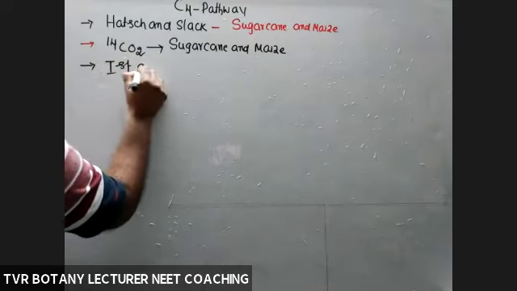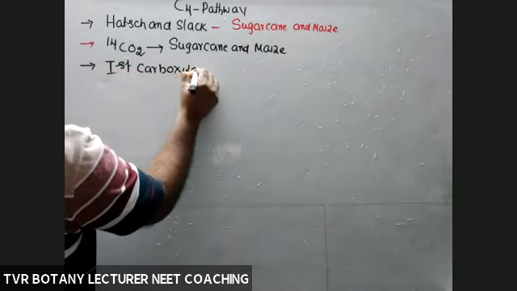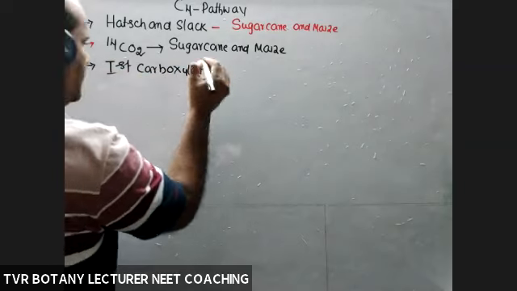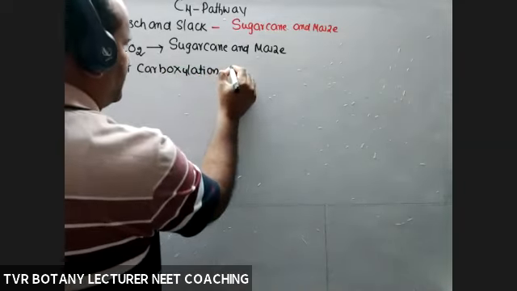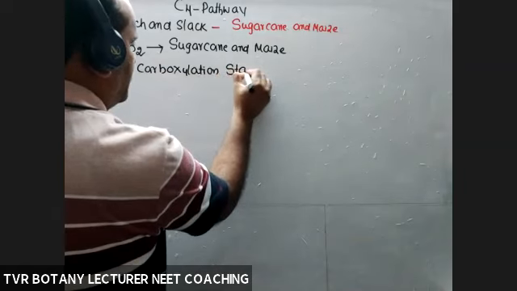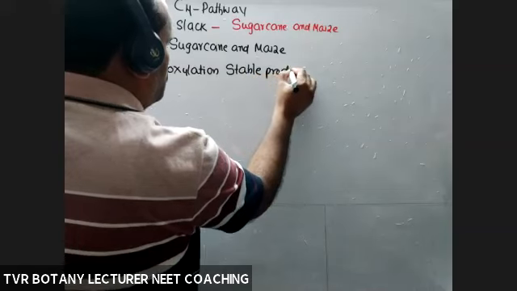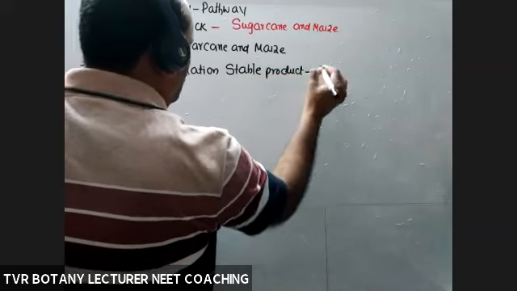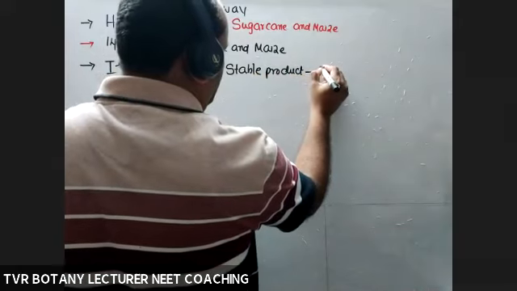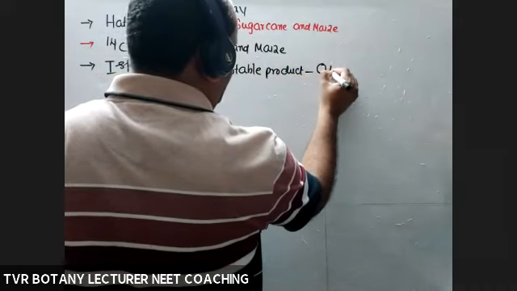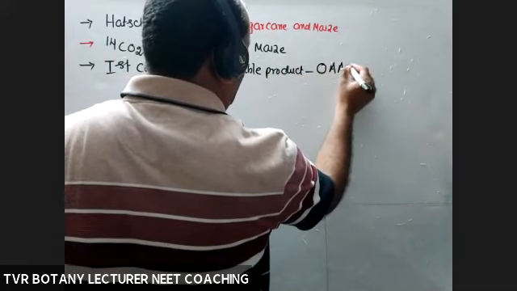The first stable product after first carboxylation was 4 carbon compounds, particularly oxaloacetic acid, a 4 carbon compound.